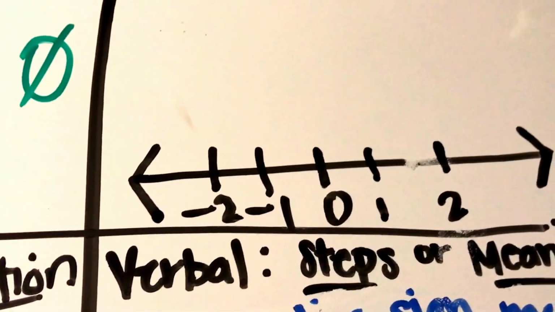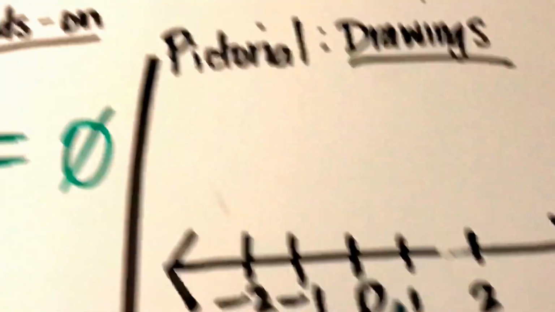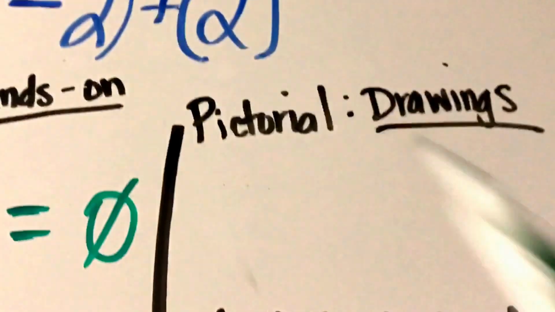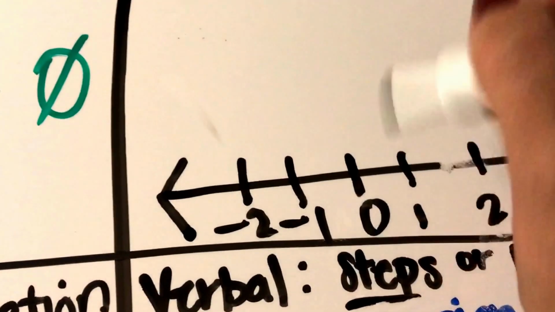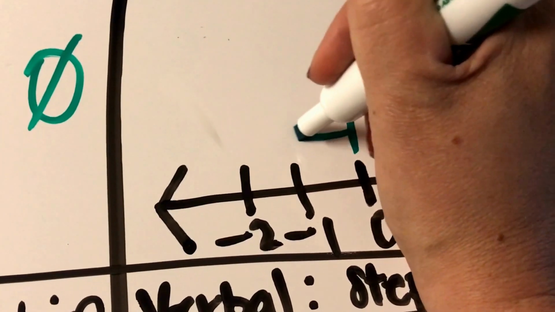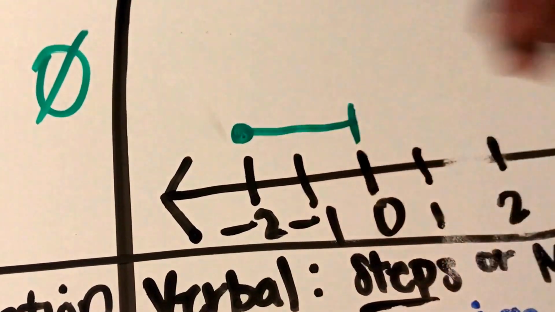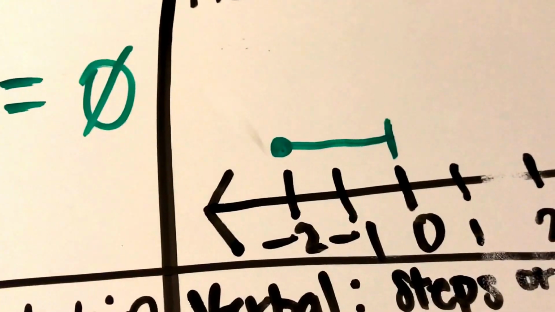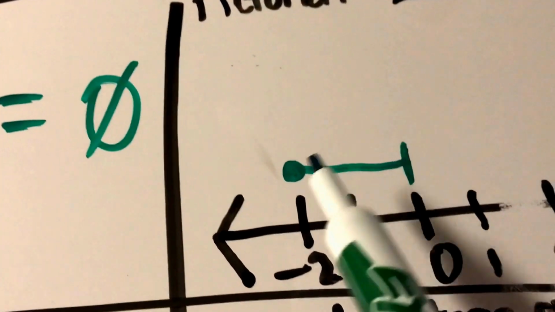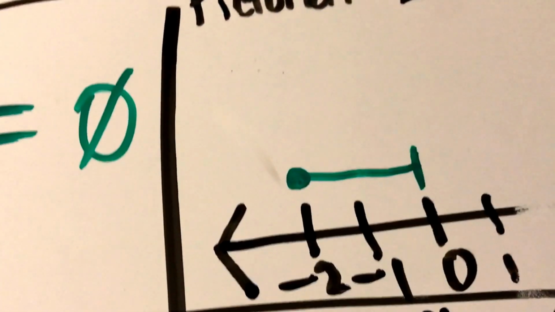So when you're dealing with the number line, you always start at 0. So the first thing we need to do is travel to -2. Negative is down, so we're going to start here at 0. We're going to go down 1, 2, and this is where we're starting. And then we are adding 2. So now adding is going to go to the right because it's positive that we're adding.